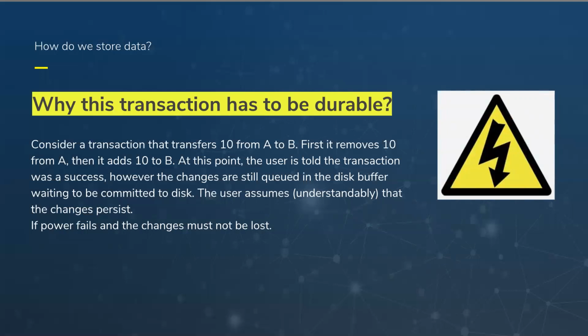Imagine that there is an electrical shutdown in the data center, and a money operation has been committed. The user who sold a product will not tolerate that the money was not deposited in their bank account, or that it was there and after some minutes it was gone.